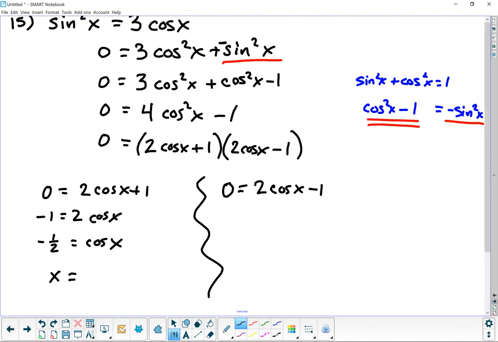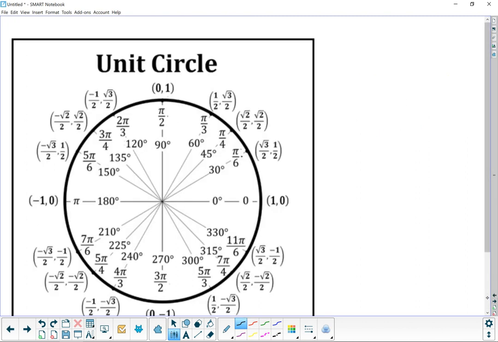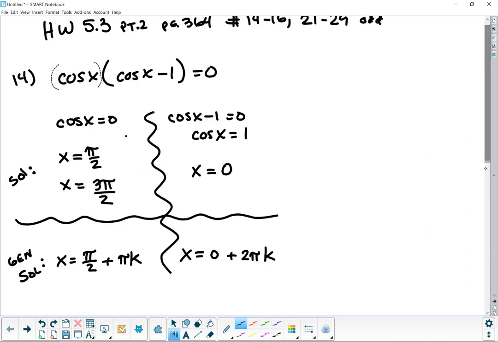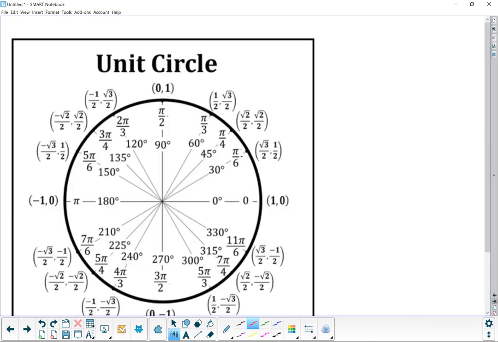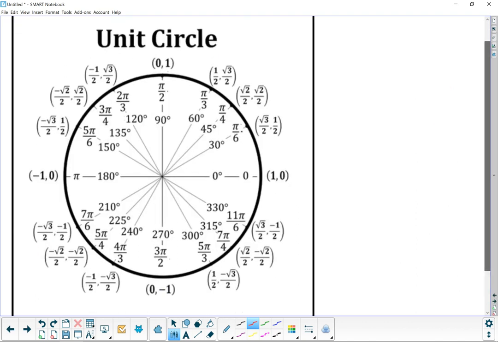And again, let's look at the unit circle. When is the cosine equal to negative 1/2? So that's what we're looking for. Cosine, remember, is the x value, so right here, right here.